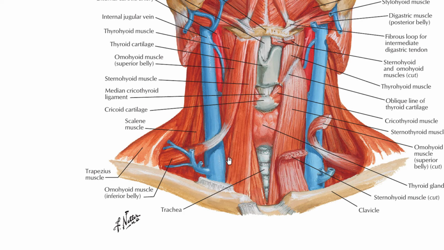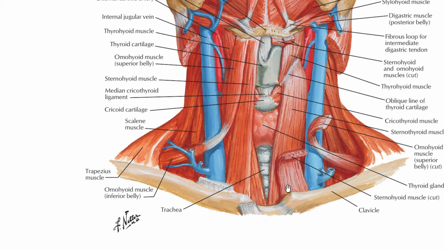Look at this, this muscle is sternothyroid. The overlying muscle is less broad as compared to the underlying structure, which is visible here. Sternothyroid is broad as compared to sternohyoid muscle.